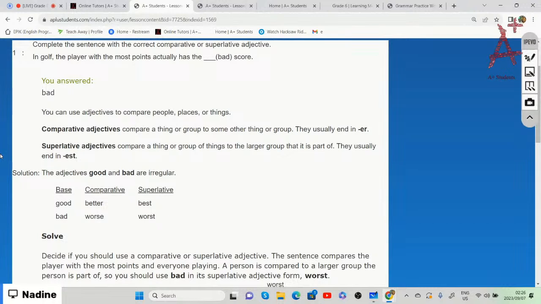So in this case, it is bad, worse, and worst.